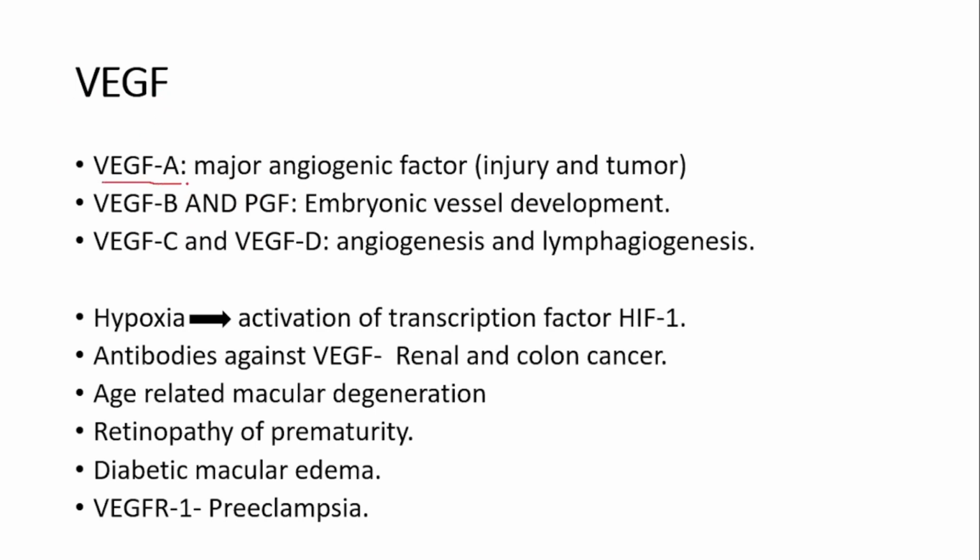So the first is VEGF-A. This VEGF-A is a major angiogenic factor in injury as well as tumorigenesis. And VEGF-B and placental growth factor are more major angiogenic factors in embryonic vessel development. And VEGF-C and D help in angiogenesis as well as lymphangiogenesis, which means lymphatic development.